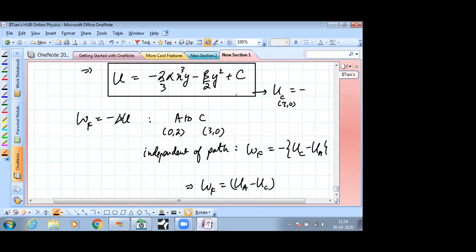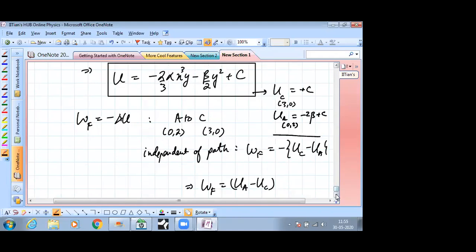So the potential energy at 3, 0 is just C. And the potential energy at 0, 2, this term becomes 0. So it becomes minus 2 beta plus C.